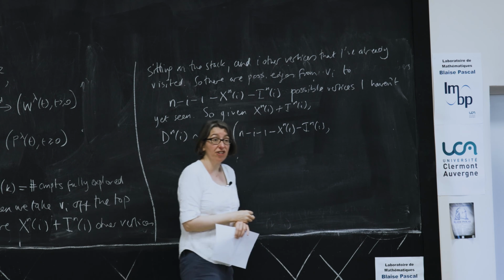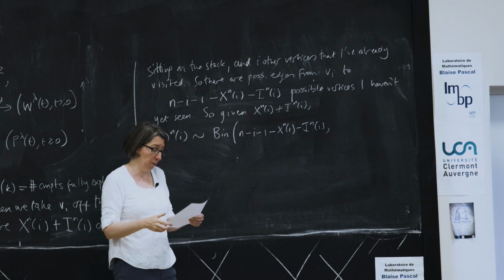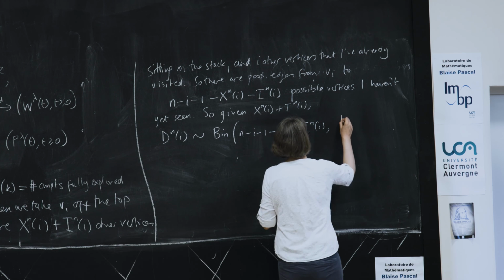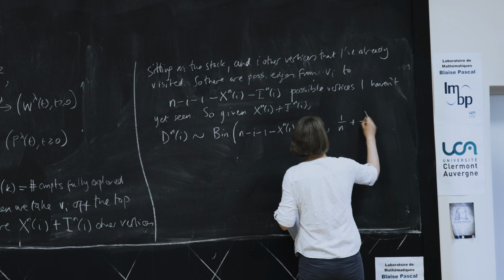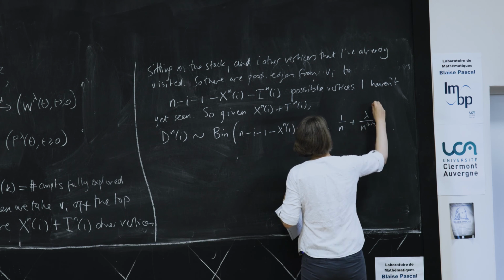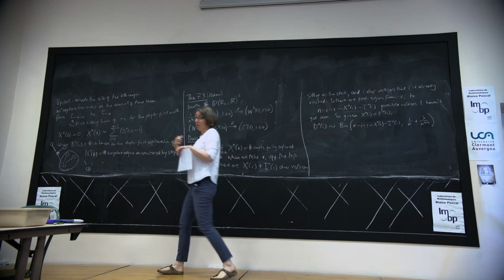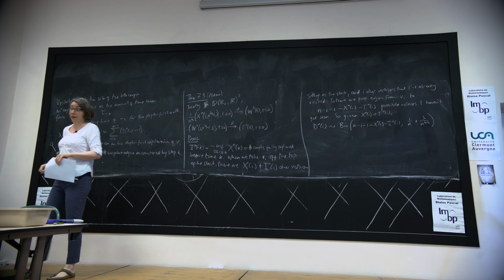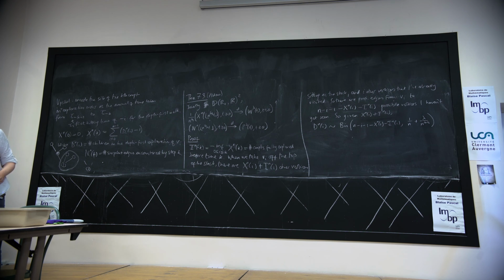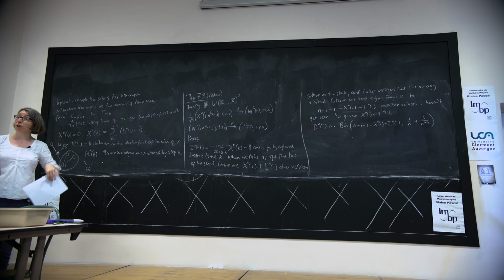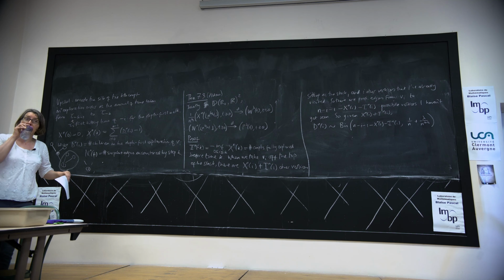And of course, every edge is independently present with my probability p, which was 1/n plus lambda/n^(4/3). That's the distribution of this out degree of the vertex v_i in this spanning forest of the graph that I'm in the process of exploring.